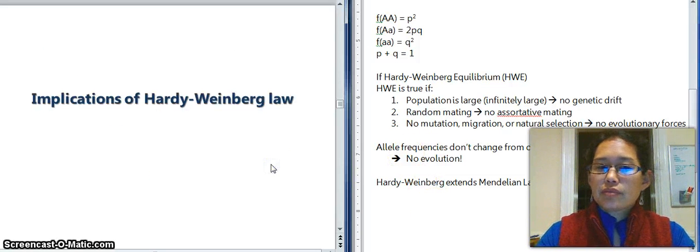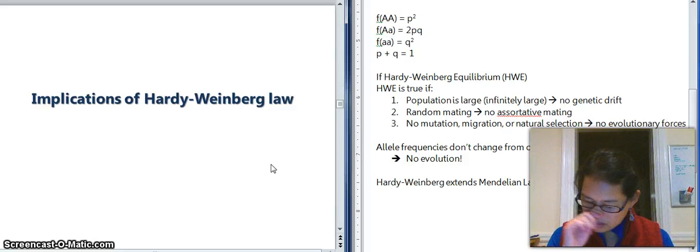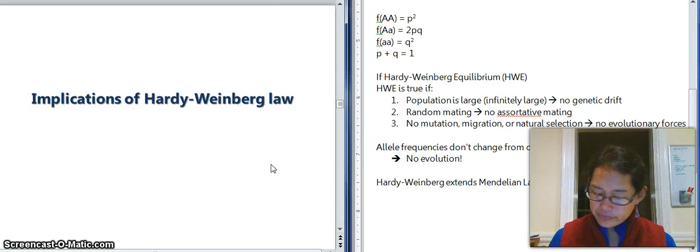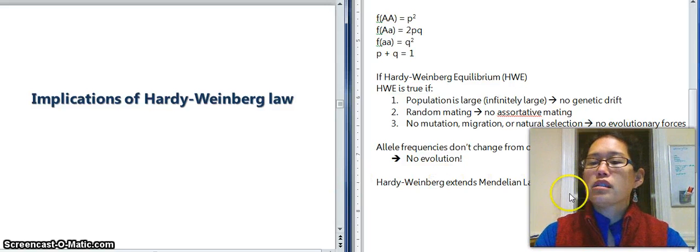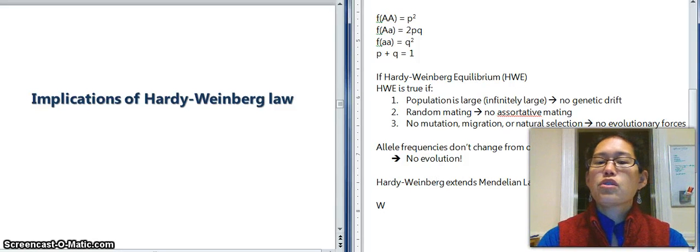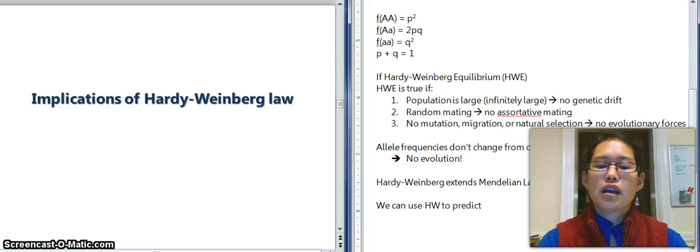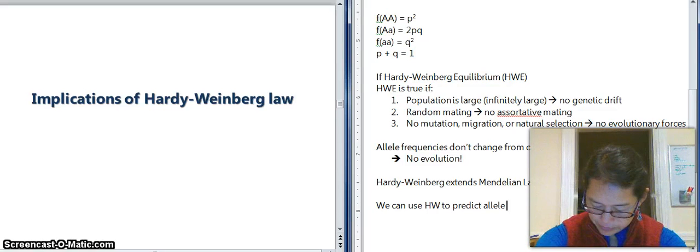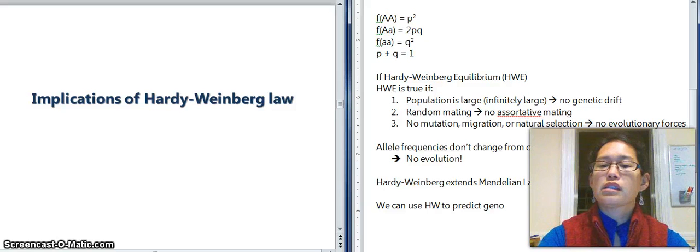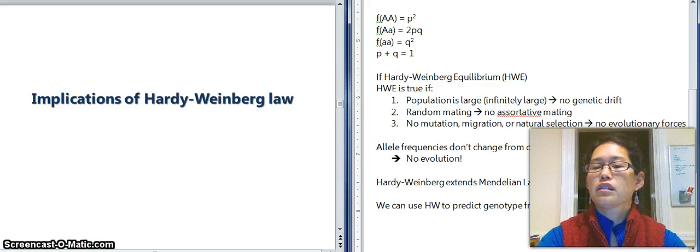Okay. So, Hardy-Weinberg means that populations are not evolving. And it also means that we can use the Hardy-Weinberg law to predict genotype frequencies from allele frequencies.